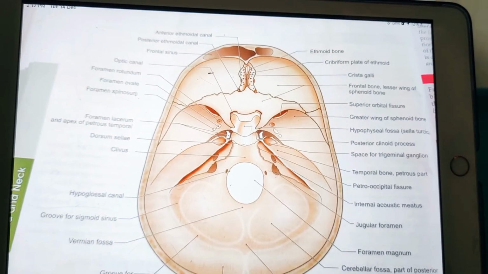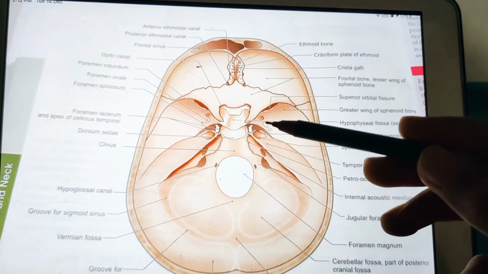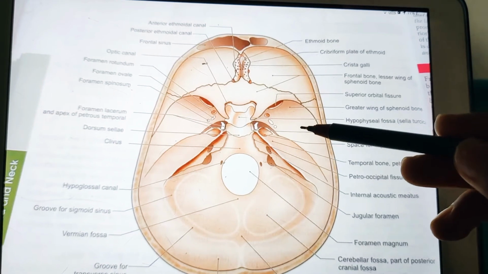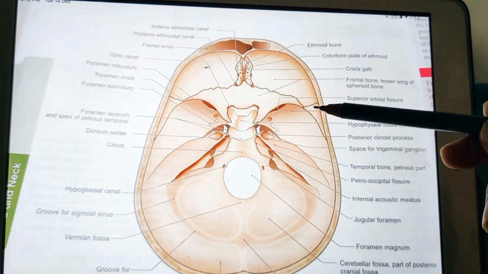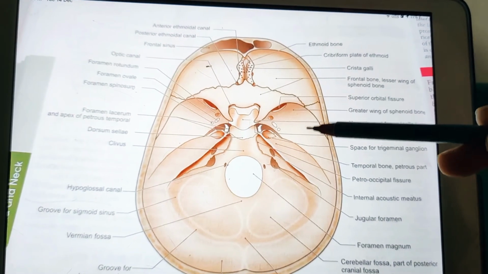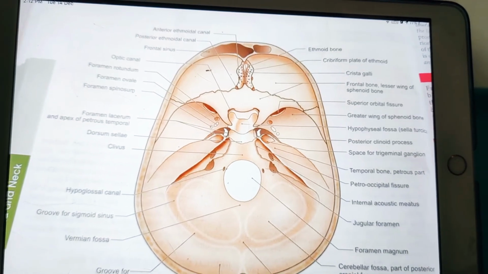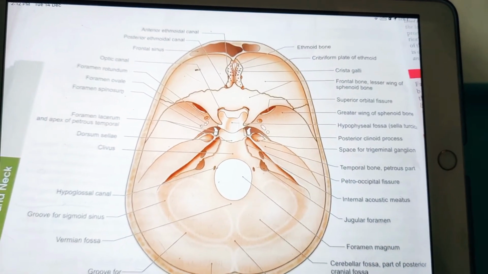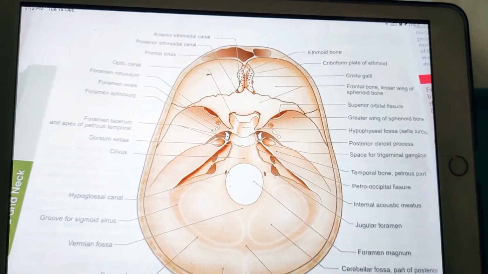Now coming to the lateral boundary, on the lateral side there is the greater wing of sphenoid, the anterior inferior angle of the parietal bone, and also the squamous temporal bone. These are forming the lateral boundaries.